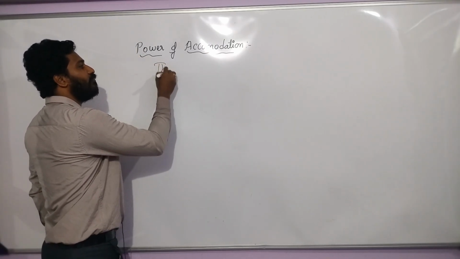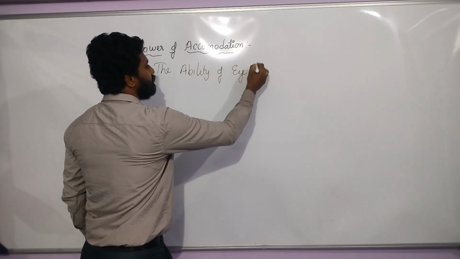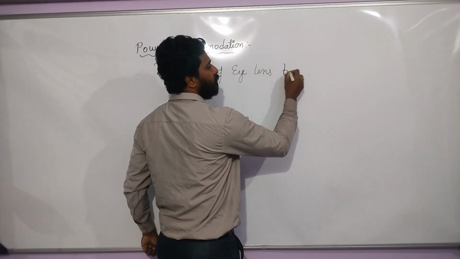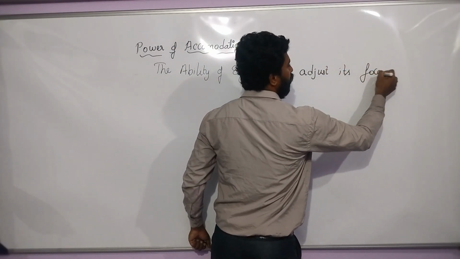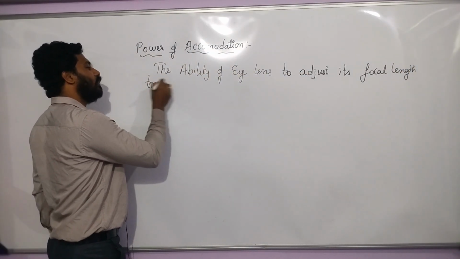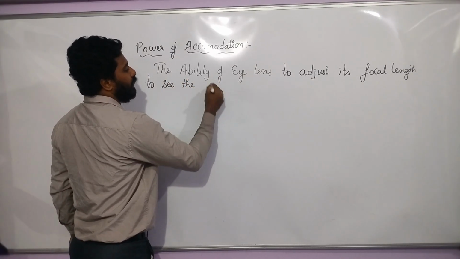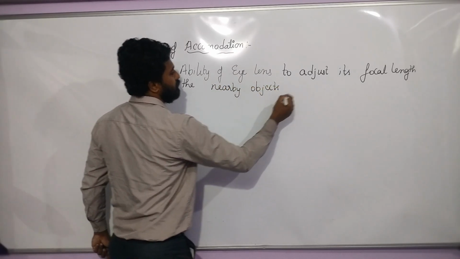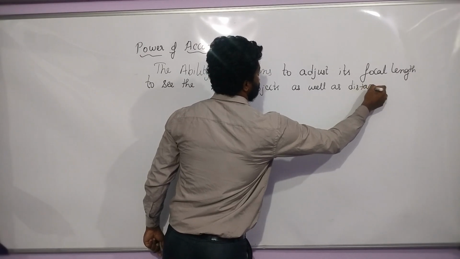The ability of the eye lens to adjust its focal length to see nearby objects as well as distant objects.